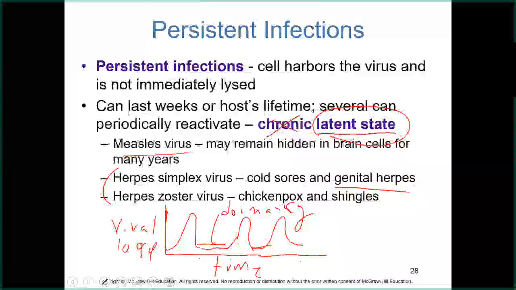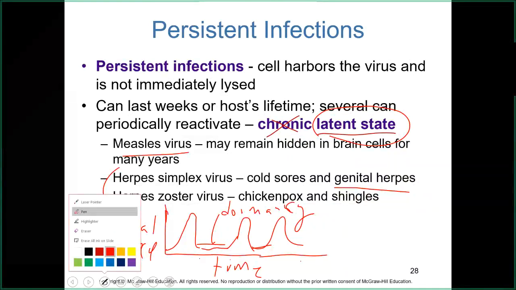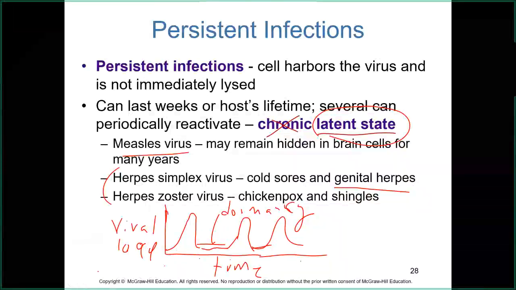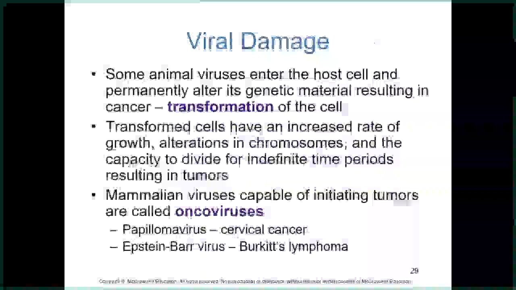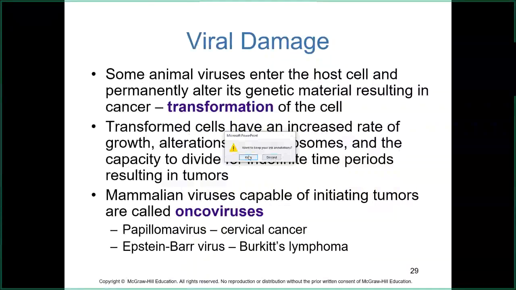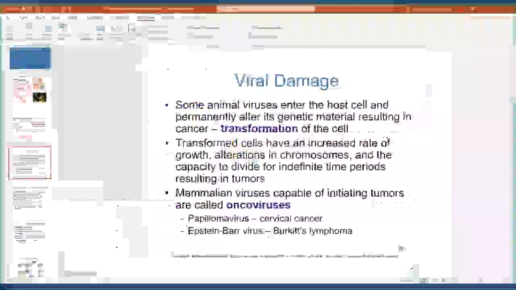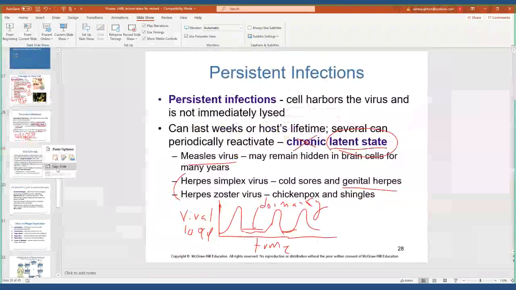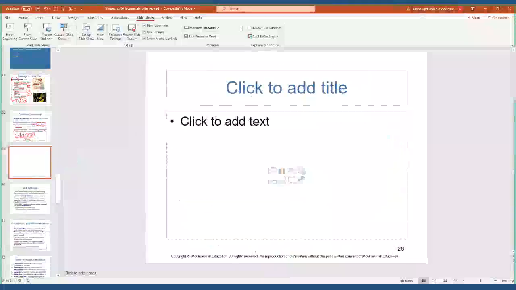They display these periodic spikes. All right, so let me stop this. I'm going to insert another slide because I want to show you two other variations of persistent infections.